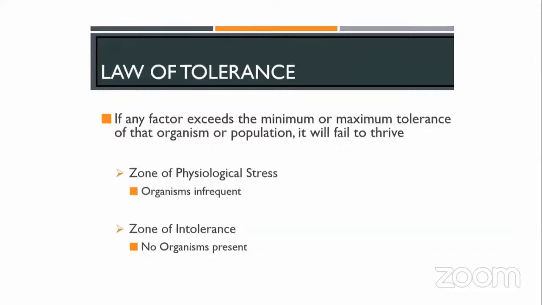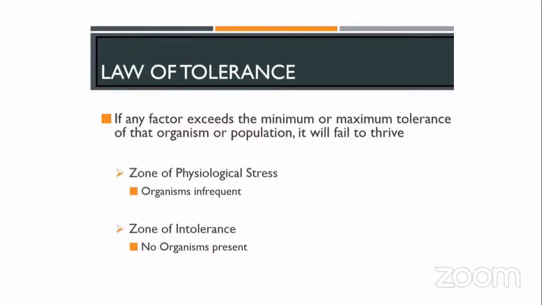Then the law of tolerance. If any factor exceeds the minimum or maximum tolerance of the organism or population, it will fail to thrive. There will be some examples. There are different zones, like the zone of physical stress and physiological stress.